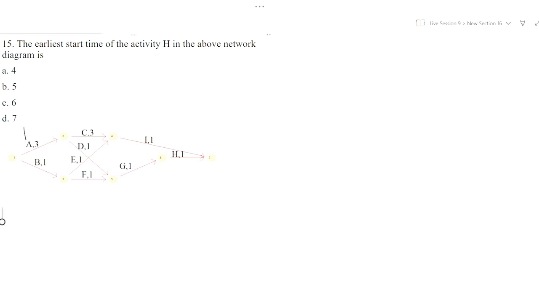Here the start time is 0 and the end time is 3. Now for node 1 to 2, for activity B, the time duration is 1. So the start time is 1.